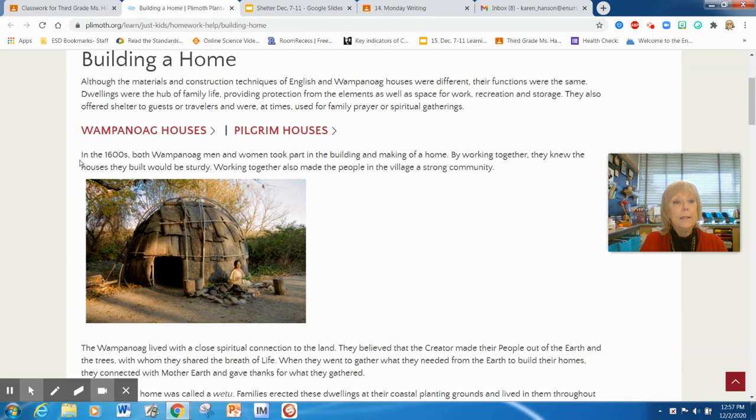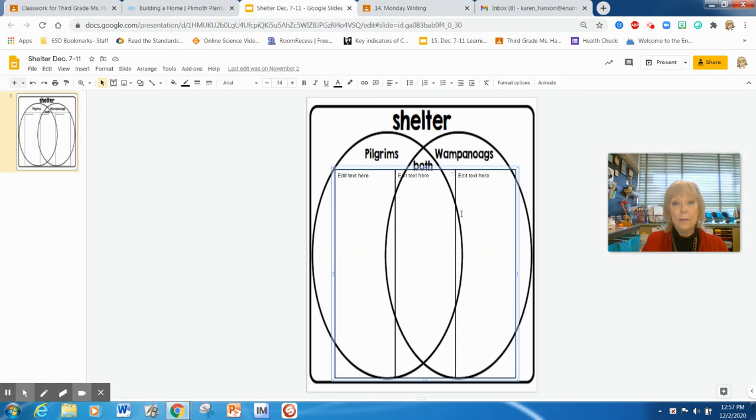All right, so in the 1600s, both Wampanoag men and women took part in the building of making a home. All right, so we know that on the Wampanoags that the men and women both built the home. So we can go back over here and we can write that right in here.